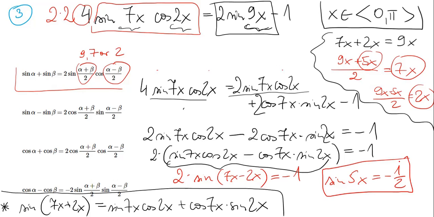So what we're going to get here is sine 5x. And there you go. It's another formula, but you will get to exactly the same equation at the end. So it's going to be sine of 7x minus 2x, which gives us, of course, sine of 5x.